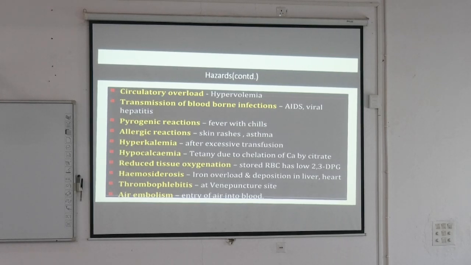So after 10 to 12 years, 18 years, the liver will be hugely overloaded with iron that has come with the transfused blood over the years. So with hemosiderosis, the liver will stop functioning, the metabolic activity of the patient will initially slow down and gradually lead to liver shutdown or hepatic failure. So hemosiderosis is a dangerous long-term transfusion hazard.